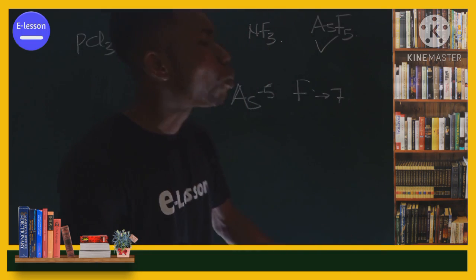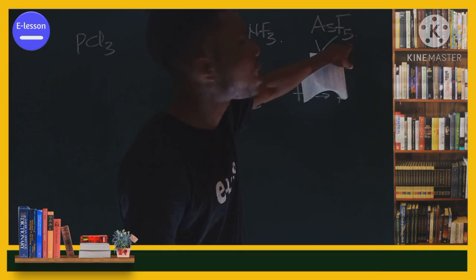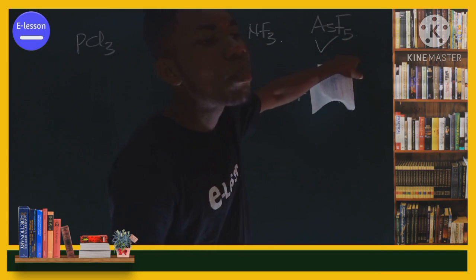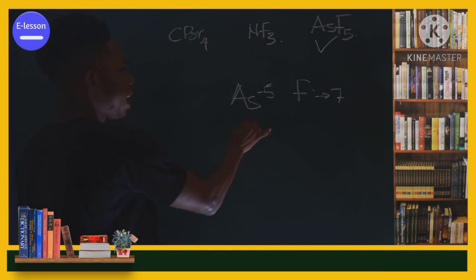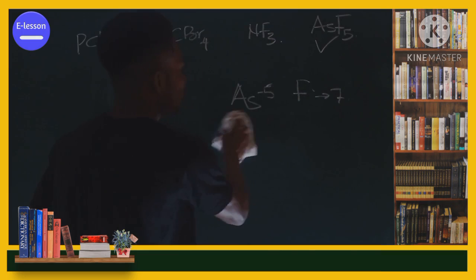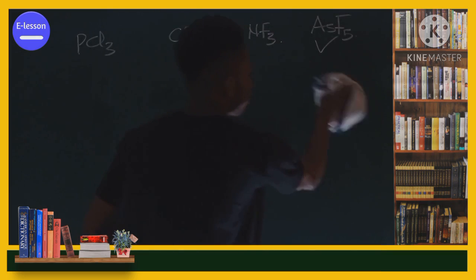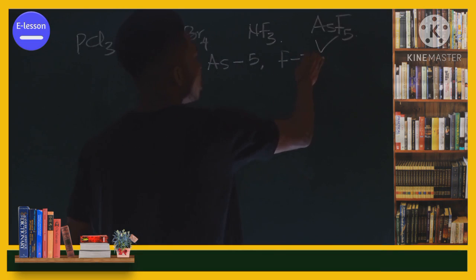Of course, you also know that while deciding this, the one that carries more atoms is never the central atom. So arsenic is the central atom. So we have arsenic, five electrons, fluorine 7.